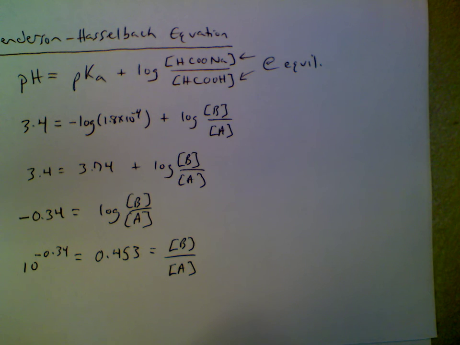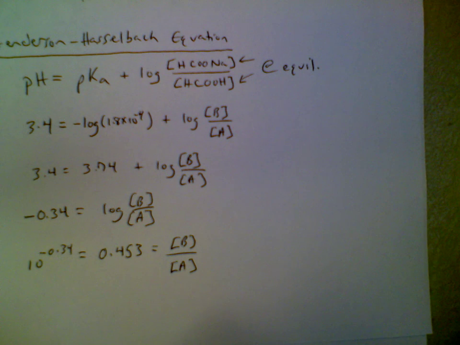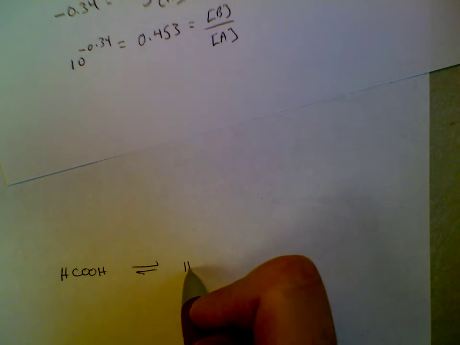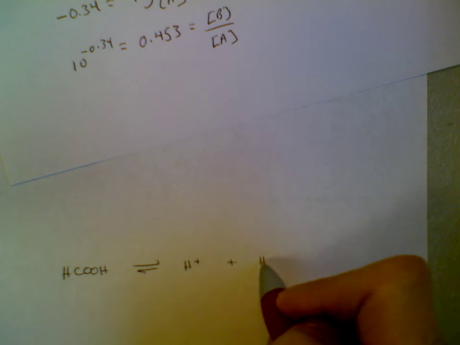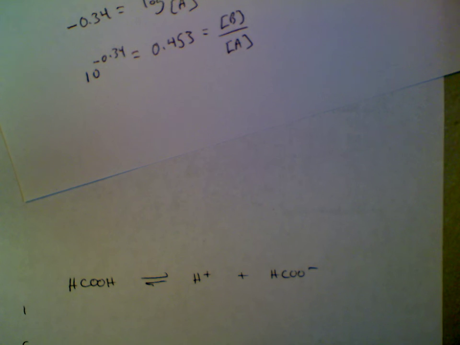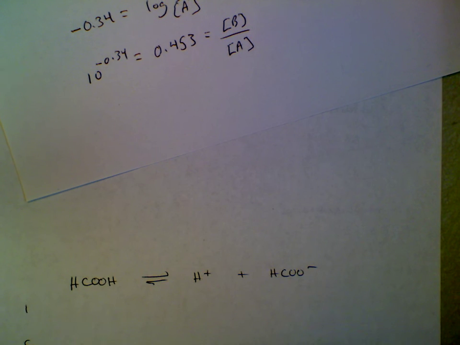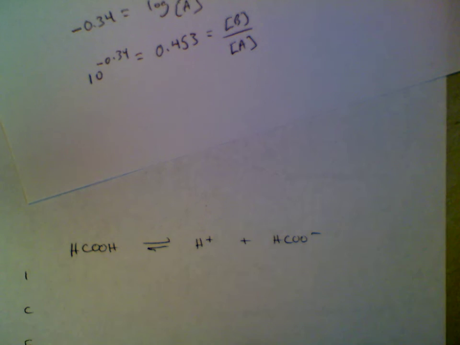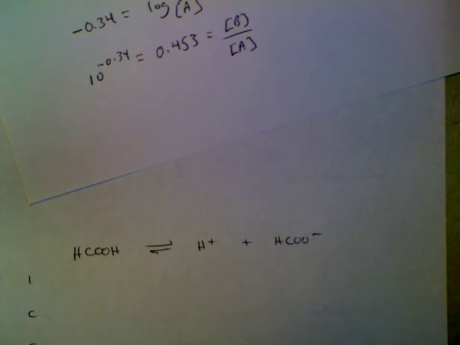In order to do that, I think I'll remind us that this is actually kind of like an ice table. Now we'll have our formic acid. There we go, formic acid. And when it deprotonates, it can form formate. Initially, the concentration of formic acid was going to be, I think, 0.1 molar.